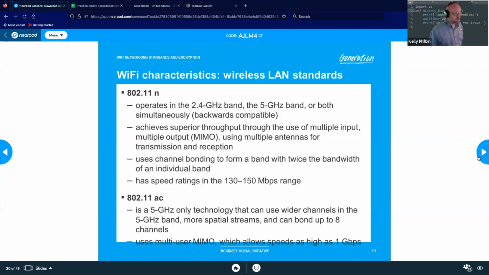So it improved your throughput significantly. And it used an upgraded version of MIMO, which is called multiple user, multiple input, multiple output, or MU-MIMO. Yes, it's a thing. So MU-MIMO gave us speeds up to 1 gigabit per second.